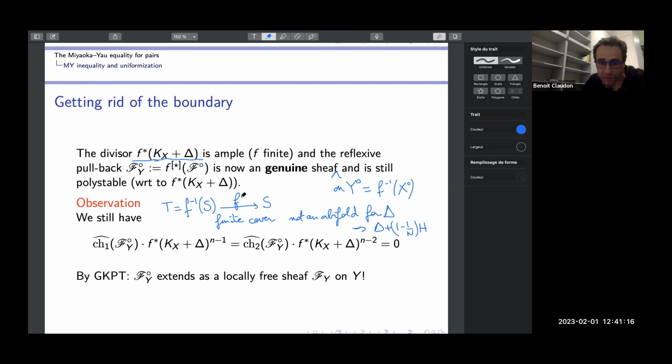But the point is that these Chern classes can be computed using forms, and these orbifold forms are genuine forms on the regular part of S minus the support of delta restricted to S, and the same for this modified delta.